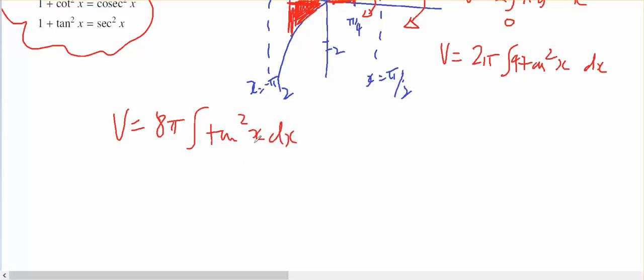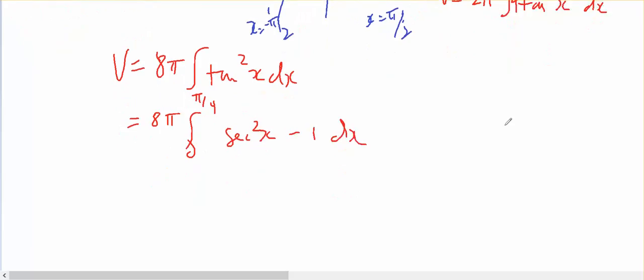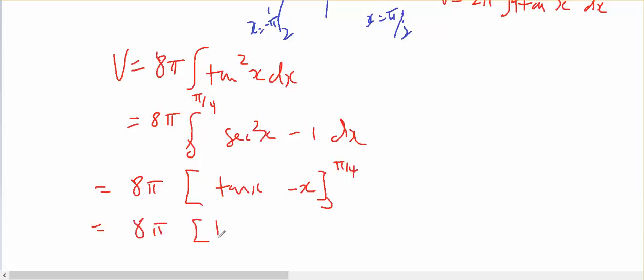I can't integrate tan squared, so what I'd like to do is to integrate from 0 to pi on 4 of sec squared x minus 1 dx, which will give me 8 pi times tan of x minus x from 0 to pi on 4, which equals 8 pi times tan of pi on 4 minus pi on 4, minus tan of 0 plus 0.